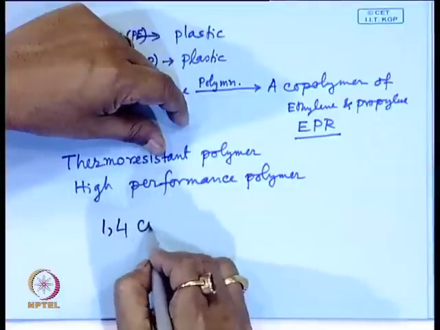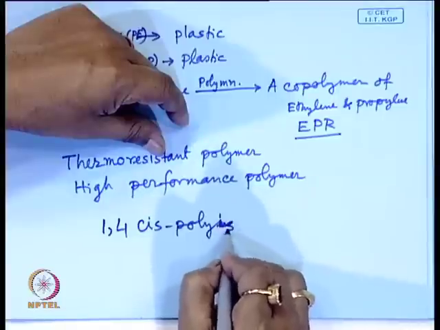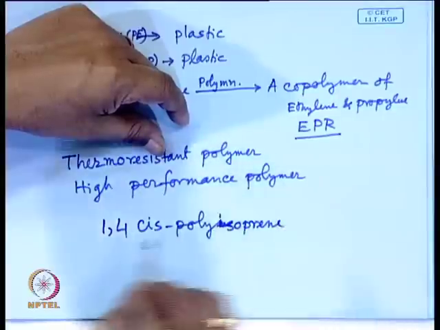So, here ethylene and propylene copolymerize, you will get a material that is a rubbery material. We have polystyrene, we have styrene, we have butadiene. So, make a copolymer of styrene and butadiene, that is a rubbery material, rubber, and that is a substitute for natural rubber. And also natural rubber, the chemical constitution of natural rubber you will see, that is 1,4 cis polyisoprene.